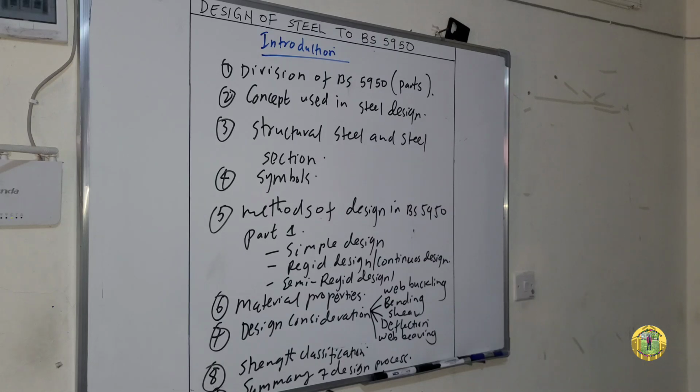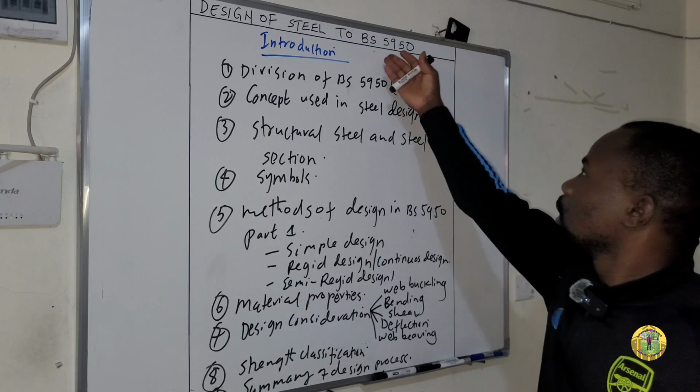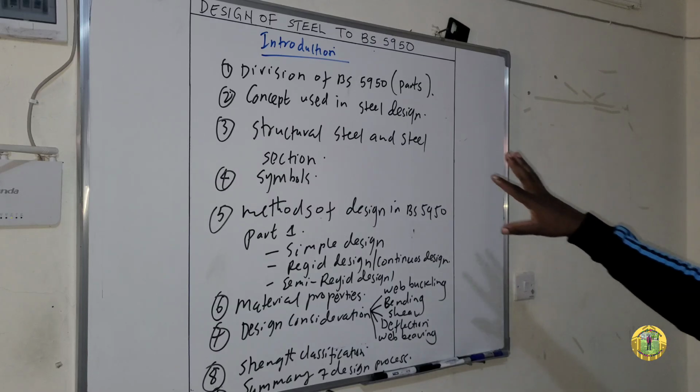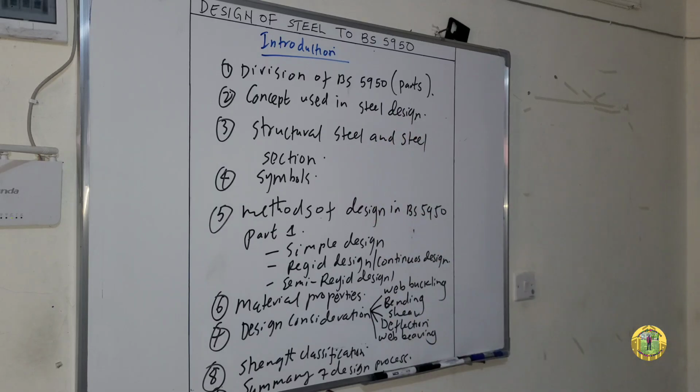And remember, BS 5950 has been superseded by Eurocode, which is EN 1993. After finishing this steel design to BS 5950, I will start Eurocode and you'll be able to know how to use the Eurocode for steel and the Eurocode for concrete. So stay tuned for that.